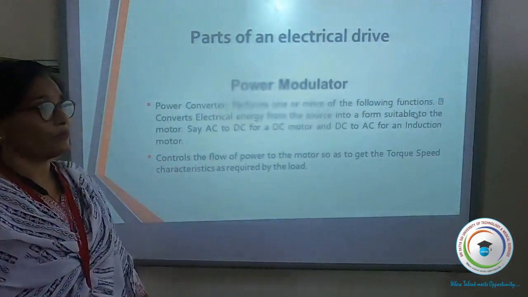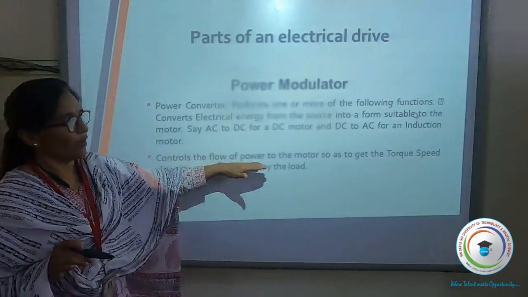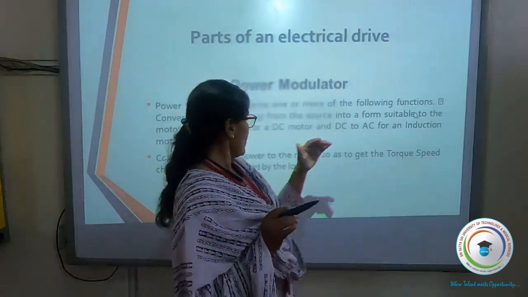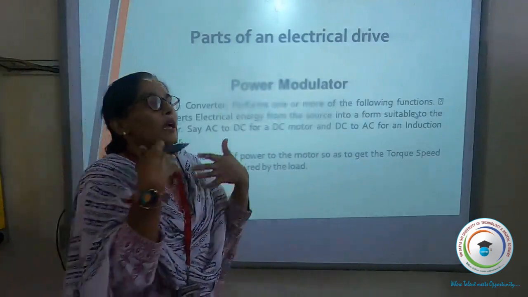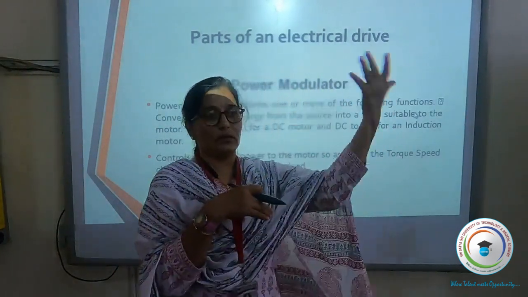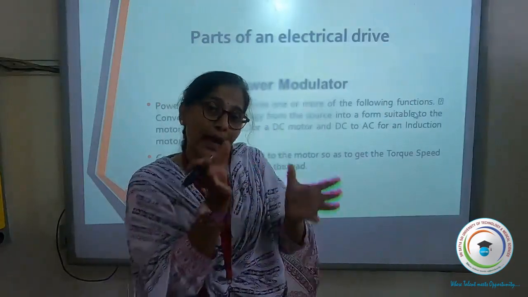Now, what is the second working of this power modulator? It controls the flow of power to the motor so as to get the torque speed characteristics as required by the load. The load means the output side. The load has a particular speed torque characteristic.